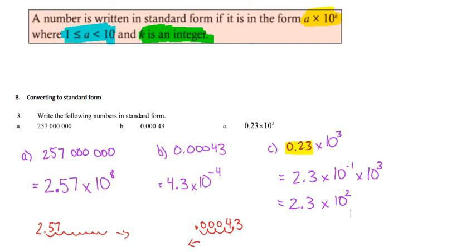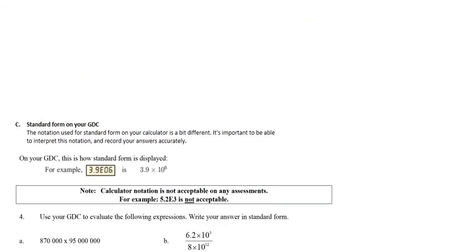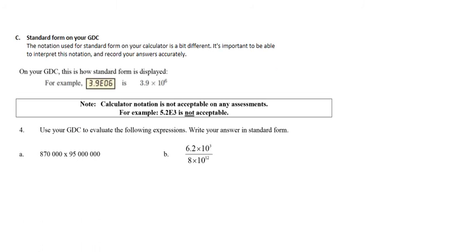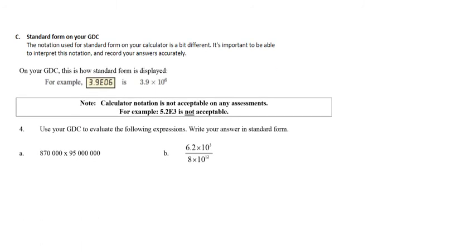The last thing to keep in mind is what standard form looks like on your GDC. So if you perform operations with standard form on your GDC, you get an answer that might look a little bit different than what you're accustomed to. Really important to be able to interpret this notation because you can't use that notation for your answers.